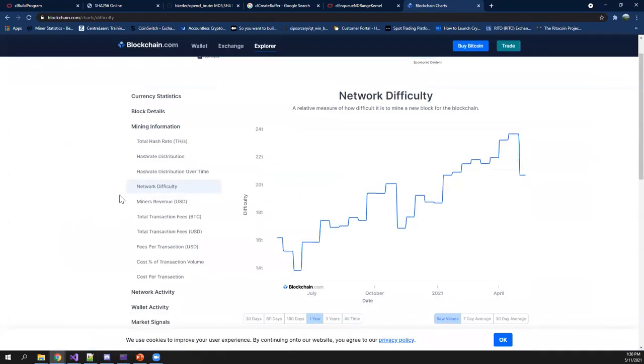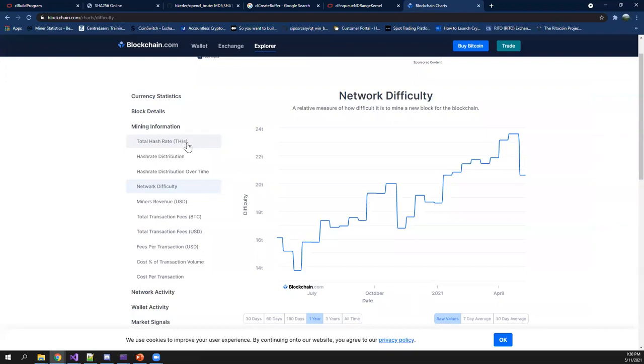All right, so this is the network difficulty expressed in T, which is terahash, which is 10 to the 12. So what's more than a billion? A tera, so it's 1,000 billion. And remember when we talked about rolling the dice?